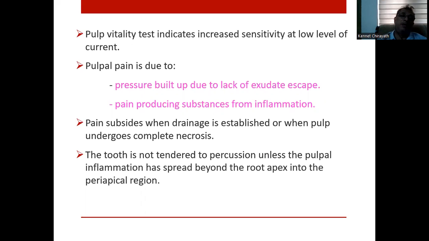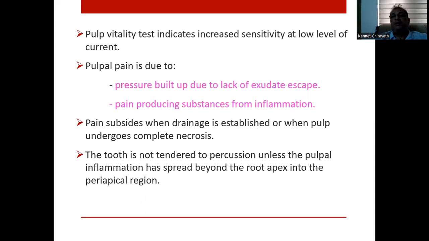Third, the patient will have pain at night or when lying down, because the blood supply to the head is increased in the lying down position.